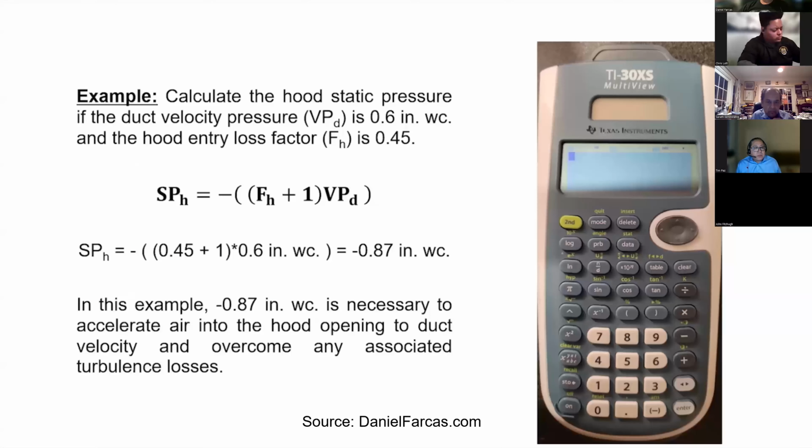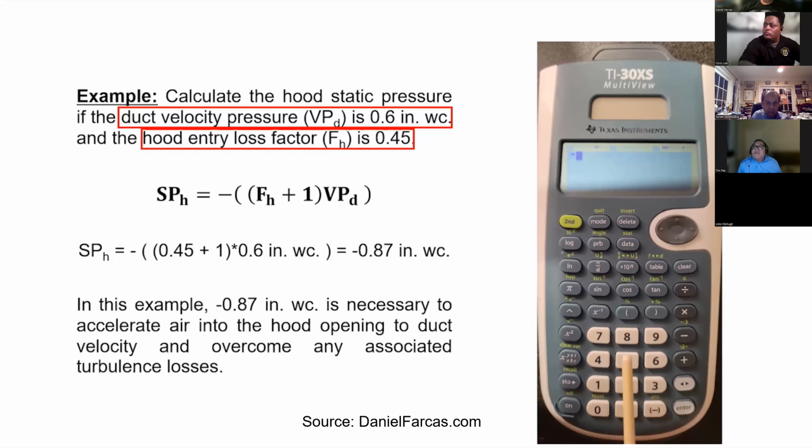For example, calculate the hood static pressure if the hood duct velocity pressure is 0.6 inches of water column and the hood entry loss factor is 0.45. And we are going to use the calculator for this calculation.